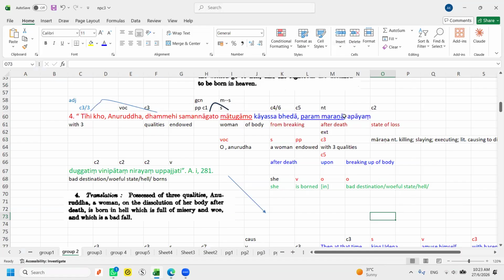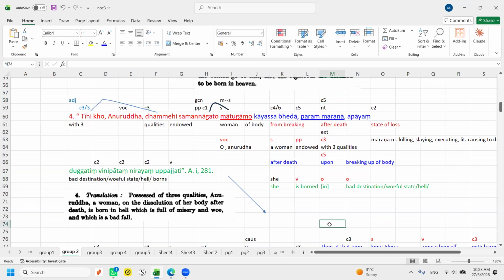Since this is a long A, we will assume that this is ablative, C5. Okay, we assume it's C5.